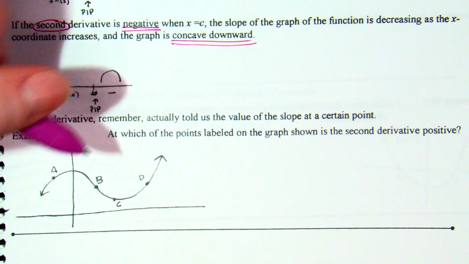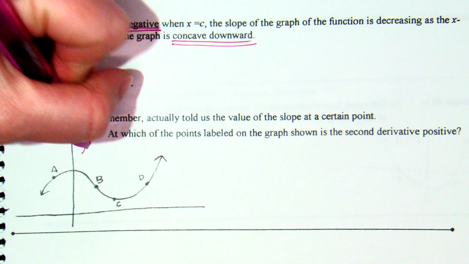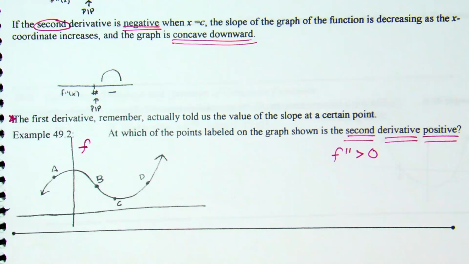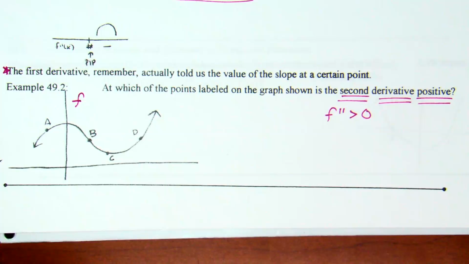So this is essentially the graph of f. They want to know when f double prime is greater than 0. So if this was the original graph of f, and we want to know when the second derivative is positive, what would I be looking for there?